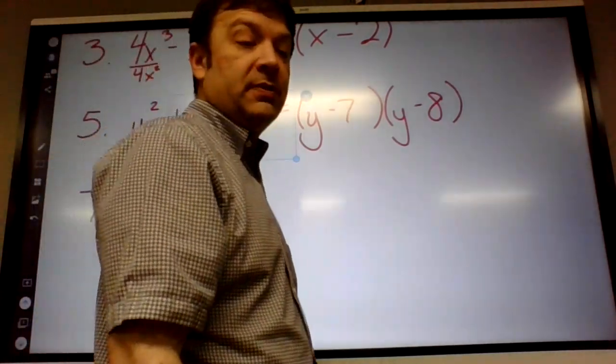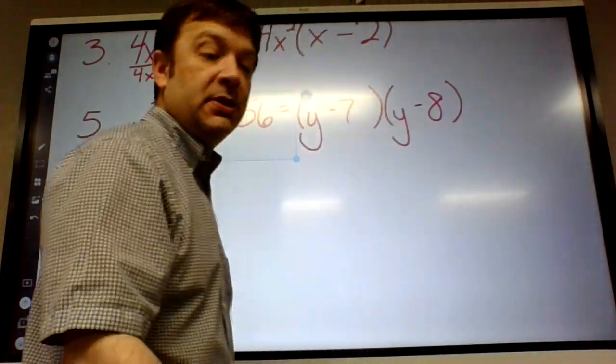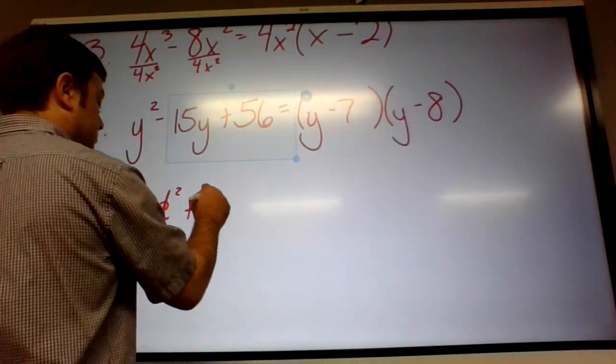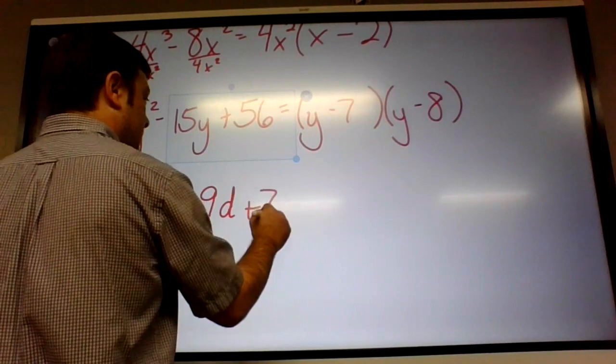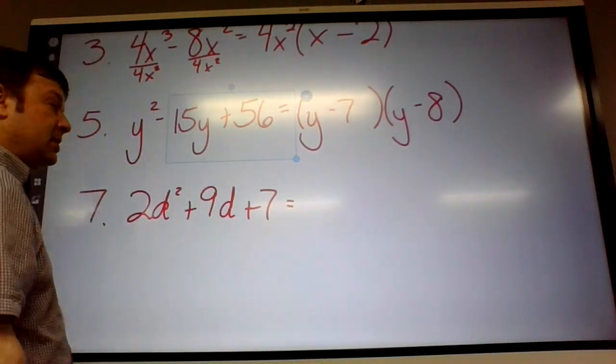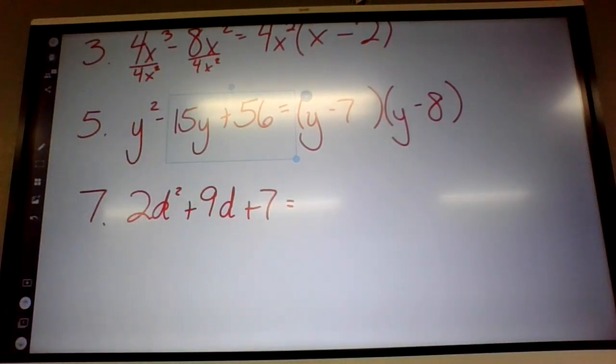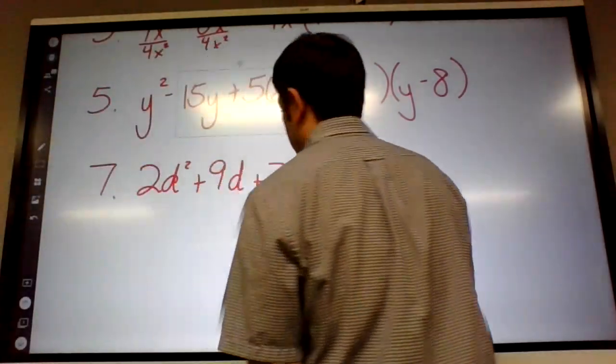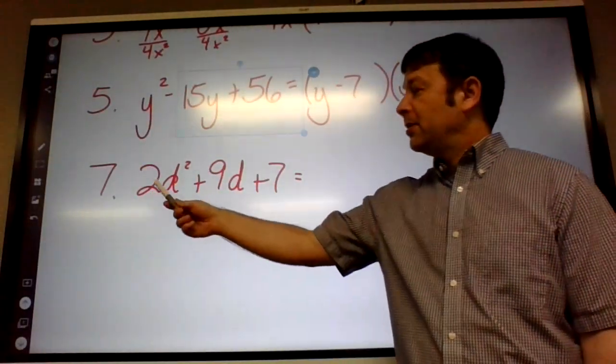Okay, number 7. 2d squared plus 9d plus 7. All right. Jonathan, what makes this one a little bit harder? There's a number in front of the variable. Yep.